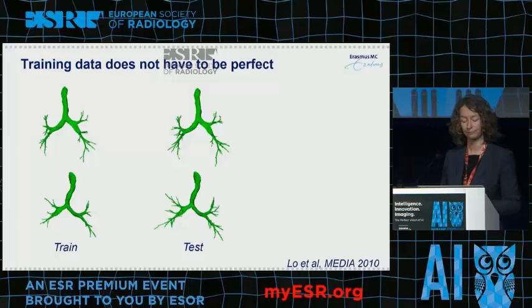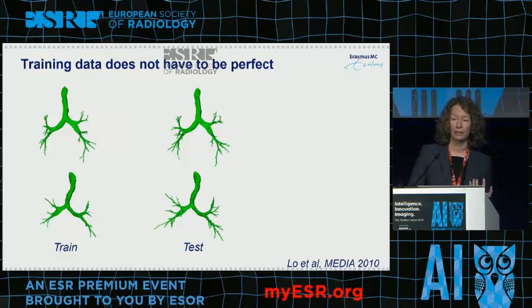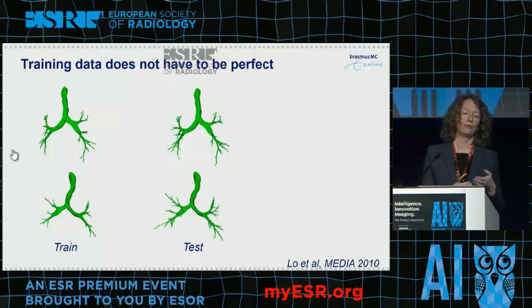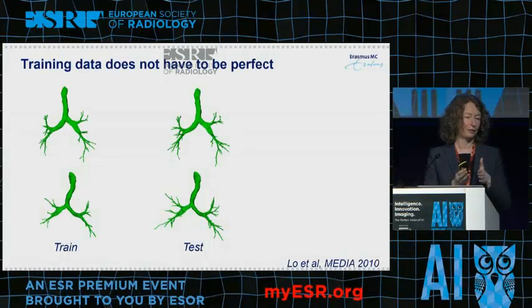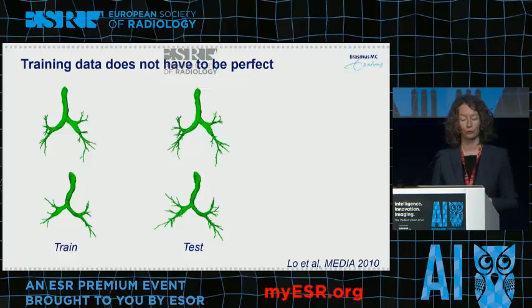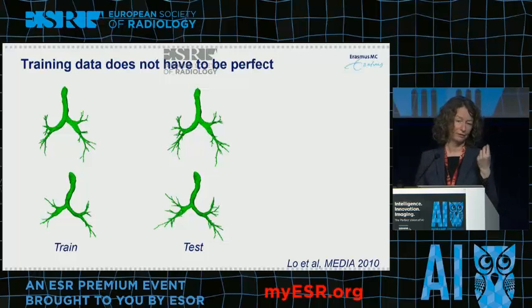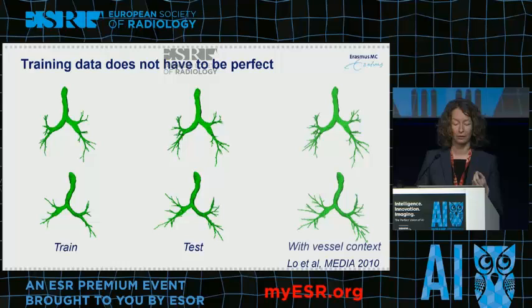Now, if we added more information to this model, in this case, this was vessel context. We know that the airways follow the arteries, they are close to the arteries and branch at approximately the same points. If we put features describing that knowledge in, we can still get much further.